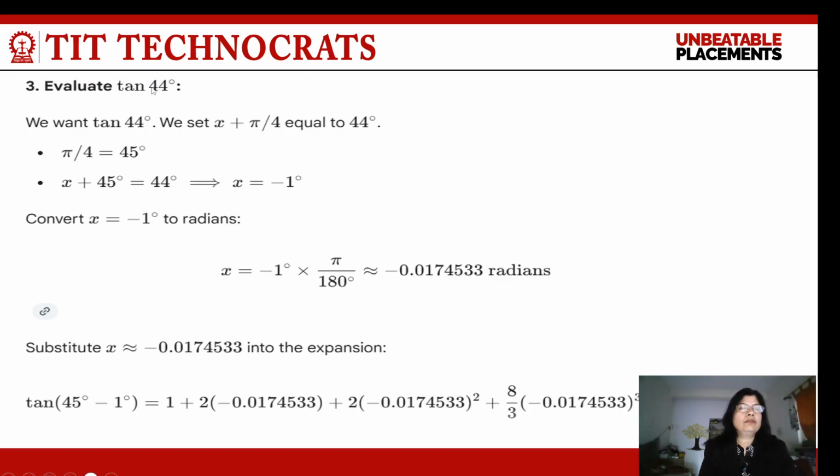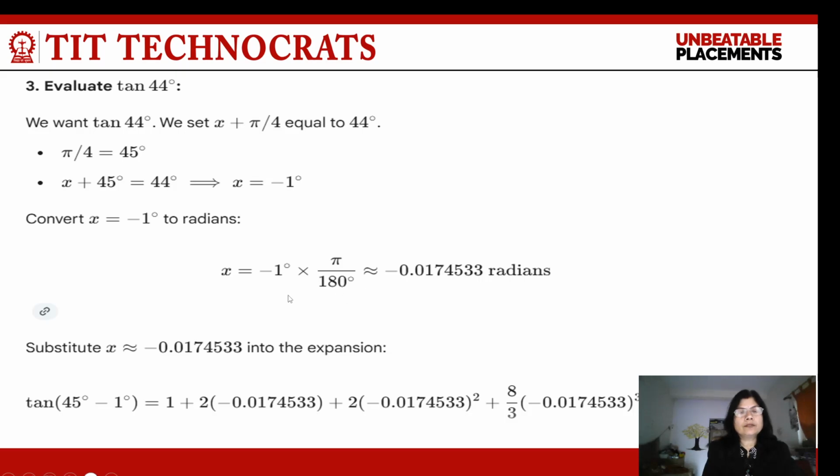Now we find the value of tan 44 degrees. We know that pi/4 is equal to 45 degrees, so x + 45 degrees is equal to 44 degrees, or x is equal to minus 1 degree, x is equal to minus 1 degree into pi/180 degrees. Convert the value from degrees to radians.